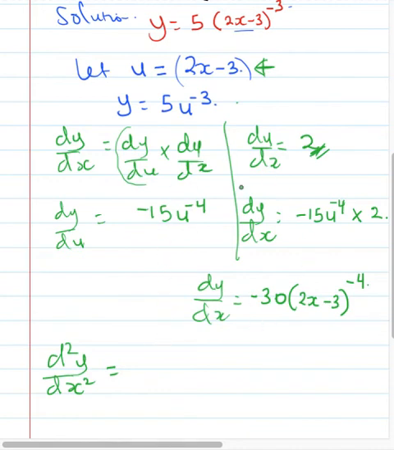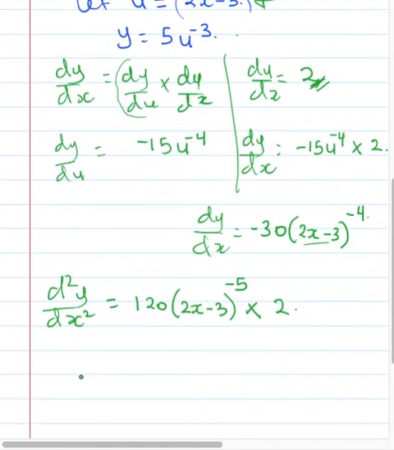Negative 4 times negative 30 gives a positive 120. We keep the bracket, but we have to differentiate it again. We take 1 away from the 4, so we get negative 5, and when we differentiate the bracket we get 2.